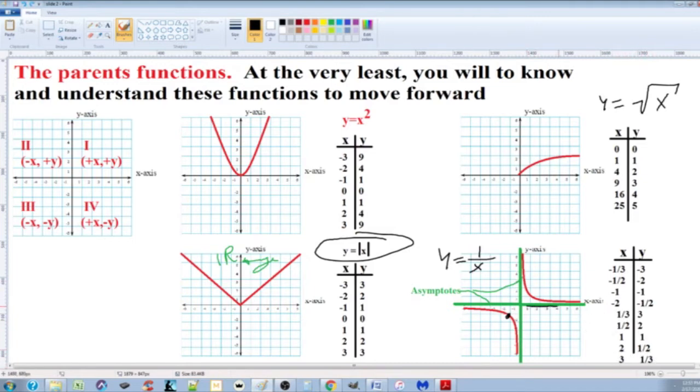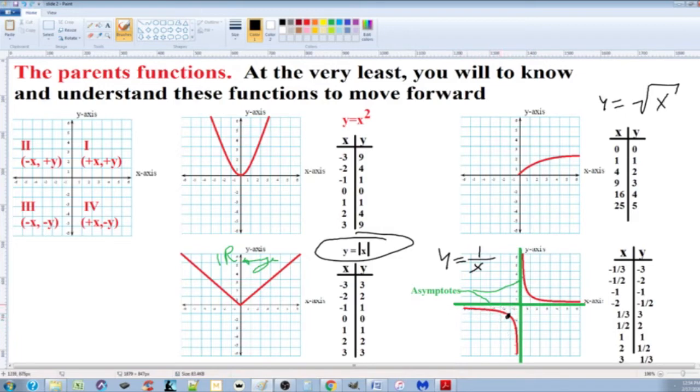So see, as x gets really big, y gets really small. As x gets really small, y here gets really big. And that's true in the negative zone. As x gets to be a smaller and smaller number, y technically approaches 0.